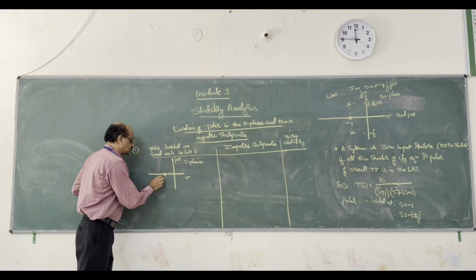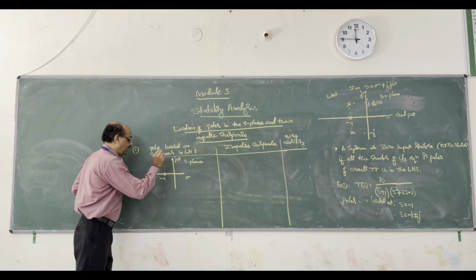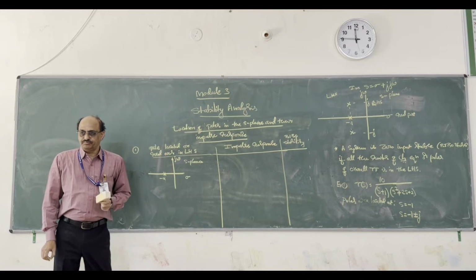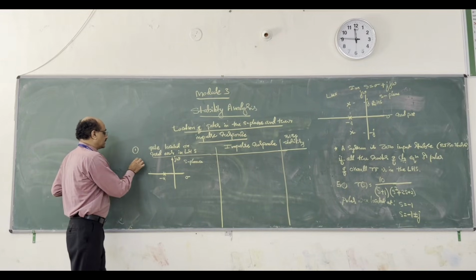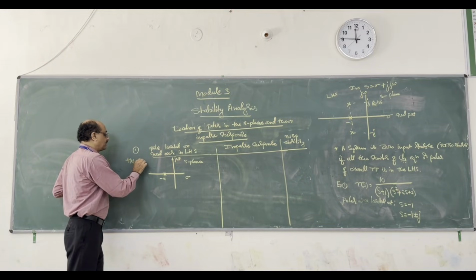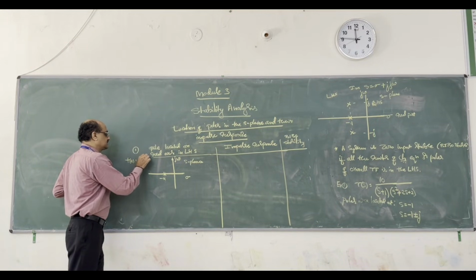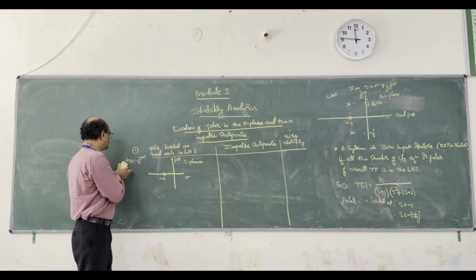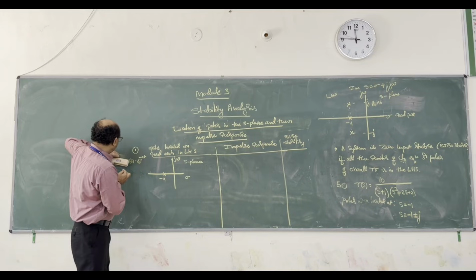Suppose the pole is for e power minus a, located at minus a. So in the time domain, if you have e power minus a, this is its impulse response.